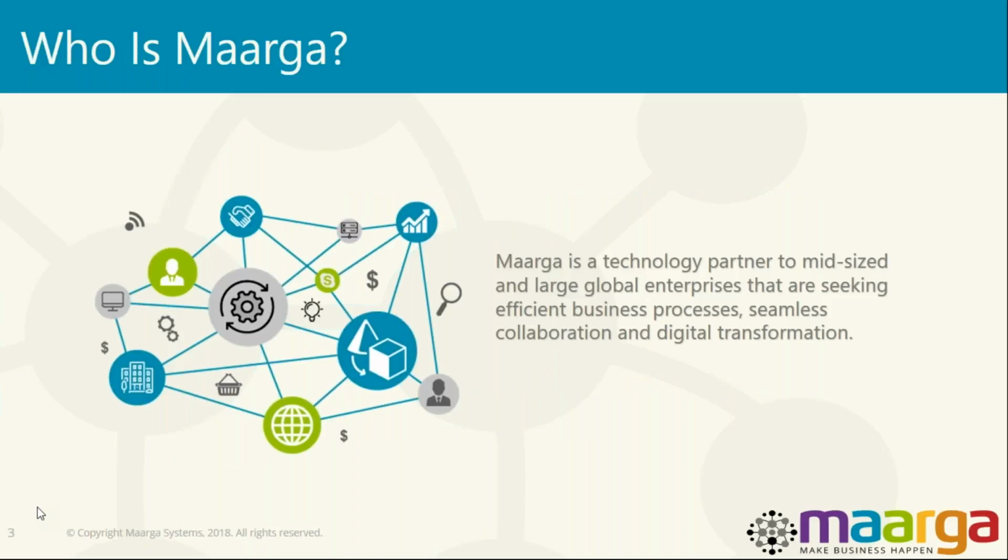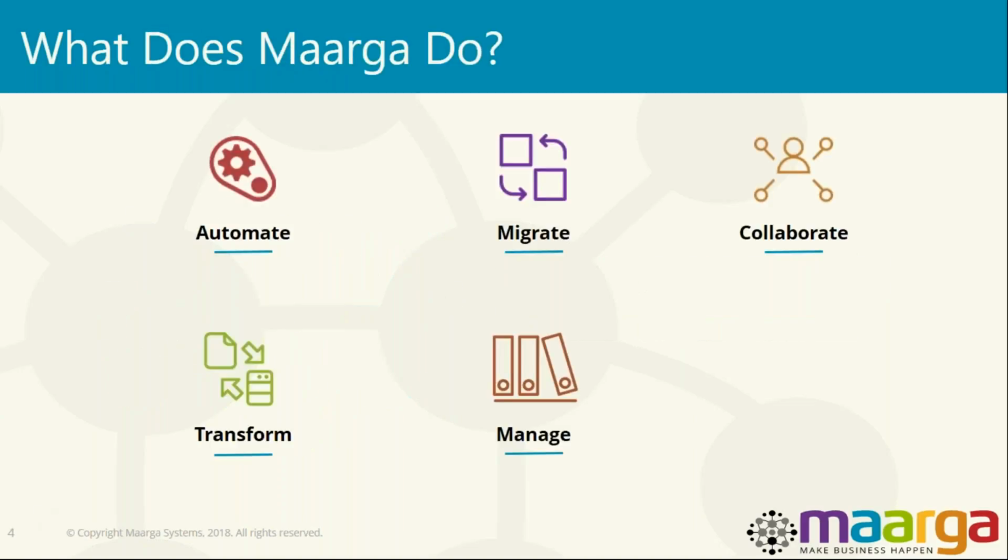So before we jump into the topic today, I just wanted to give a very brief introduction about Maarga Systems. We are a boutique technology consultancy firm which specializes in working on the business process collaboration and digital transformation areas for large enterprises. And we do that with five key areas, which is automating business processes and digital transformation, migrating existing solutions and migrating between technology stacks, from one stack to another, and this could be either from IBM to IBM, IBM to Microsoft, or any which ways.